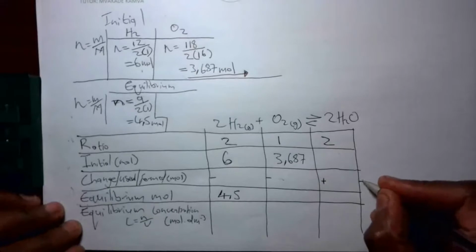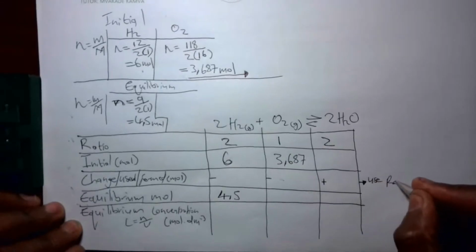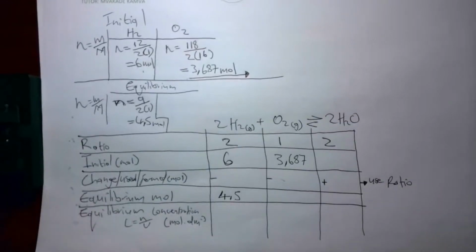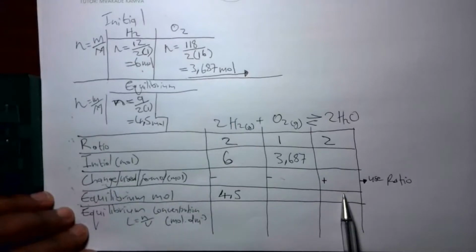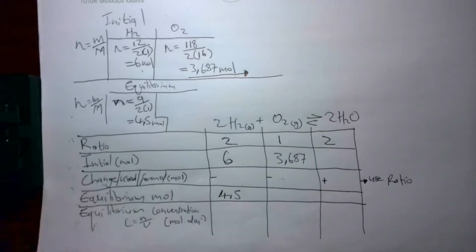Here I said one should write ratio, so that you know this is the part where you use ratio, because in my experience, learners tend to confuse this row with the one for equilibrium mole. You find learners using the ratios to fill up these empty spaces. That would be incorrect. You have to use the ratio here for change, used or formed.